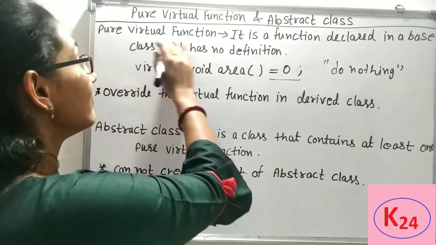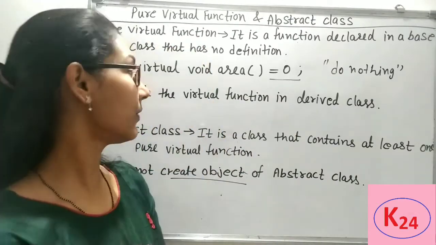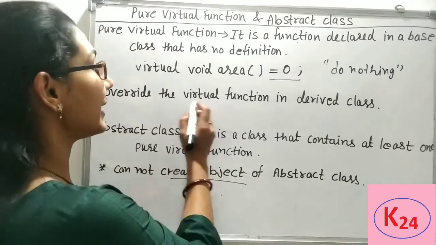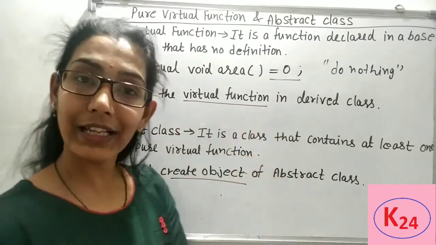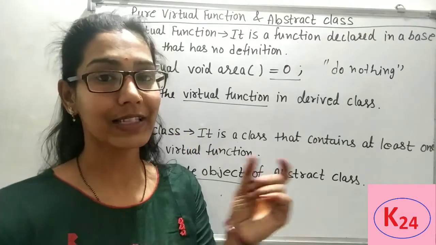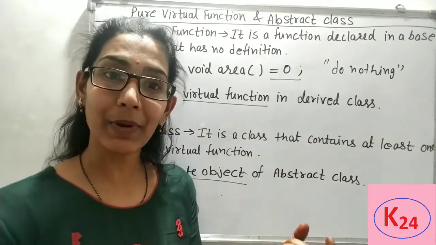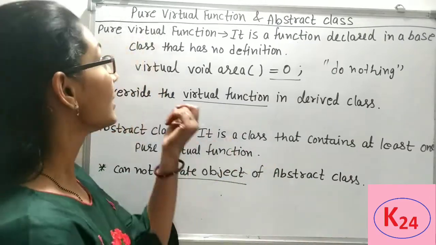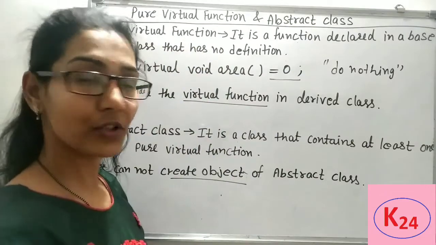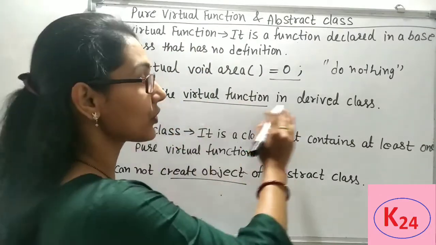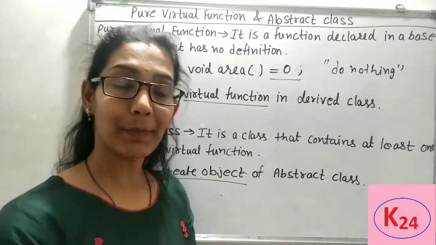Now when we create a pure virtual function, then it is compulsory to override the virtual function in the derived classes. We know that override means we have the same function name with the same parameters, and the number of arguments is also the same.